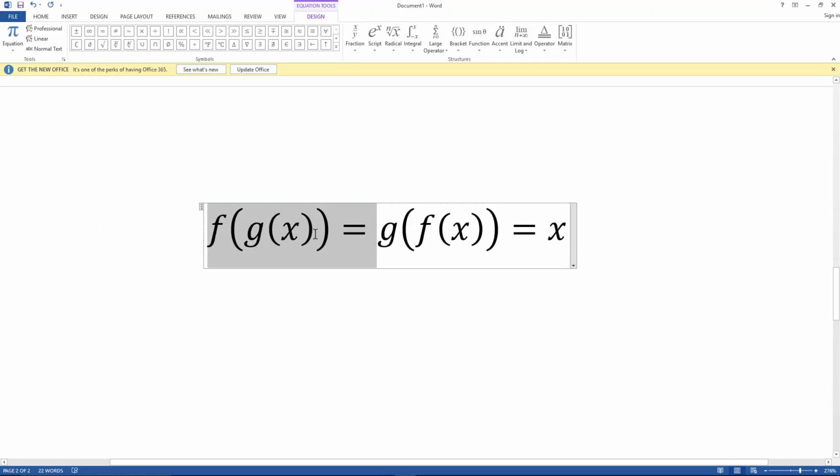So we have to do this one, then we also have to do this one, and they both have to equal x.